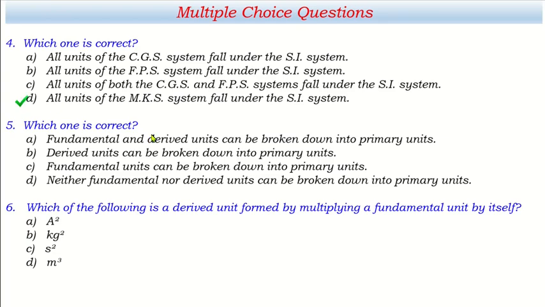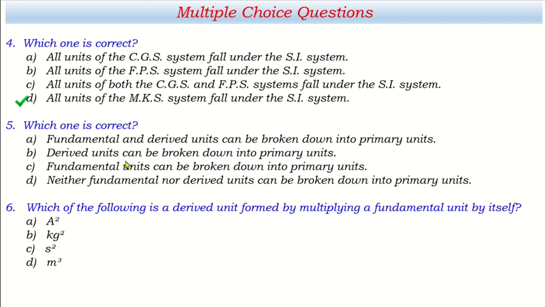Which one is correct? Fundamental and derived units can be broken down into primary units. No. The reason is very simple. Primary units itself are fundamental units. That's why fundamental units cannot be broken down into primary units. This option is incorrect. Derived units can be broken down into primary units.